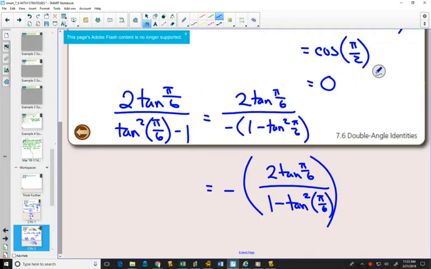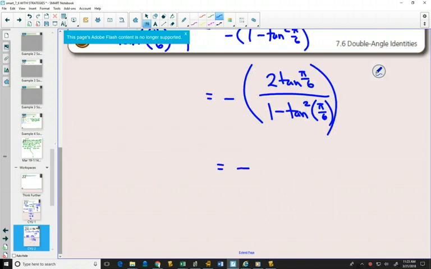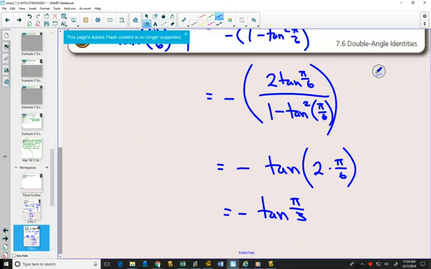Now what's in the brackets matches up perfectly with our tan 2 alpha formula. So this will be negative tan 2 times pi over 6, which is negative tan pi over 3, once we simplify that. That's on our unit circle. Tan of pi over 3 is root 3, so we would have negative root 3.